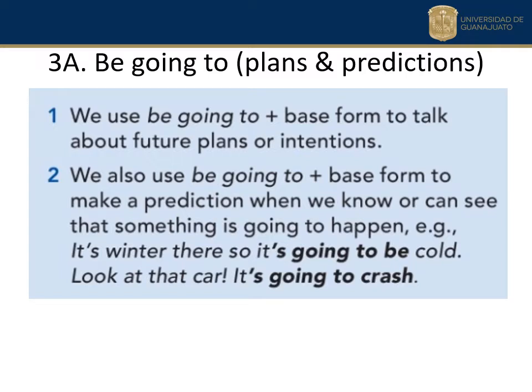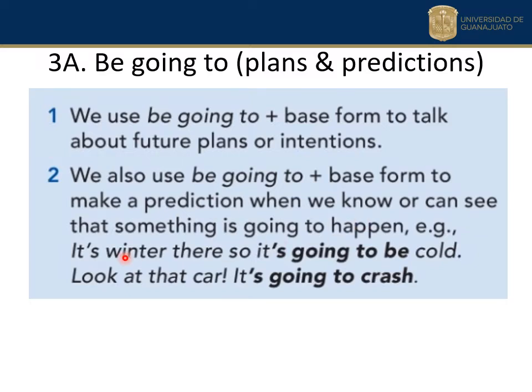Okay, so now we're gonna see the grammar bank, and here we have be going to plus the base form of the verb. We use it to talk about future plans or intentions, okay? We also use be going to and the verb or the base form to make a prediction when we know or can see that something is going to happen.